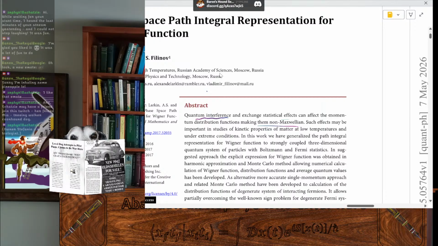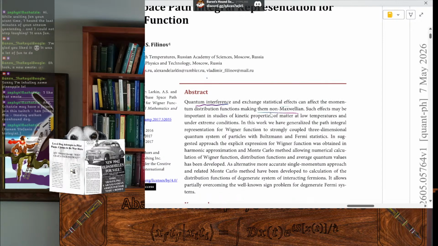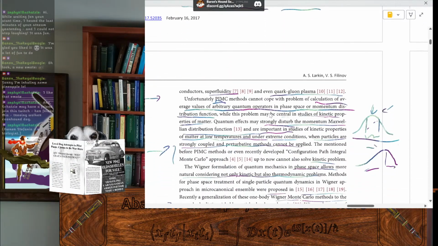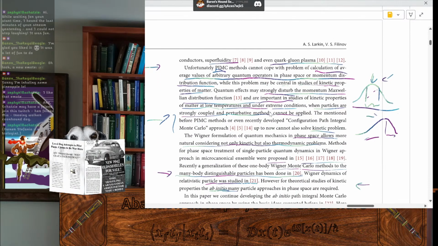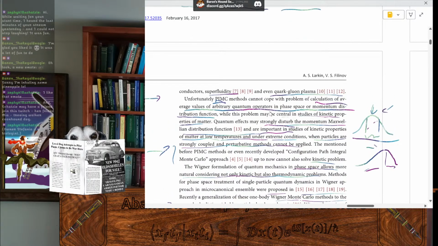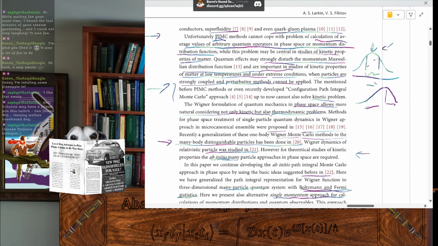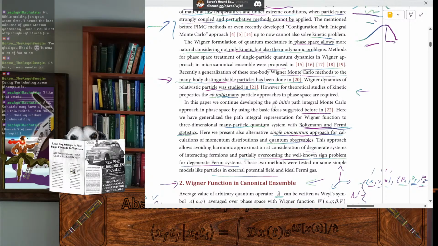This parallels something that I'm getting into later over time, but suffice to say, for now, we're just trying to get a basic concept of how path integrals function, especially in something like a Wigner space. Because again, that has applications for other things later. Right. So, we went down to, okay, Wigner or Boltzmann or Fermi statistics.